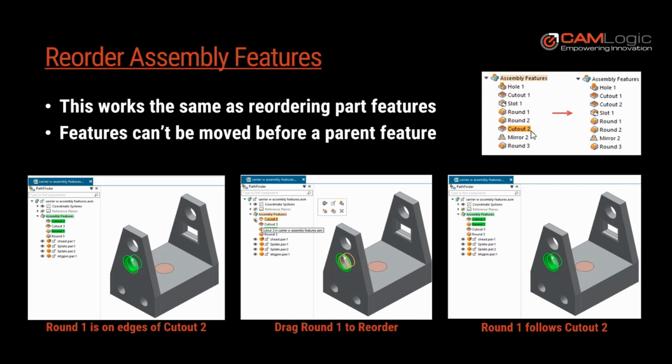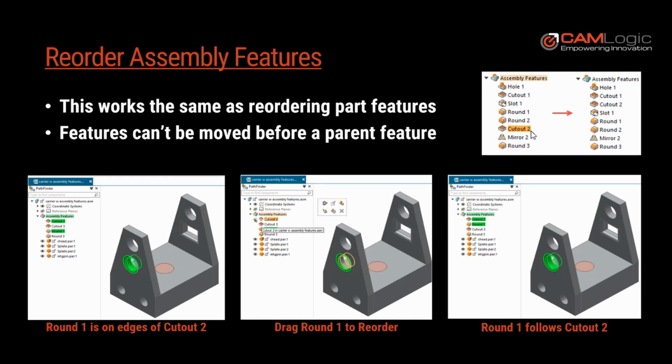Assembly features are always ordered, and now they can be reordered as well, just like you would inside the ordered part environment. One thing to keep in mind, and it's the same rules as in the ordered environment, is you can't have a feature that is moved before its parent.